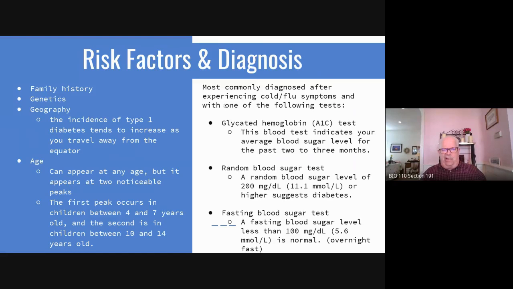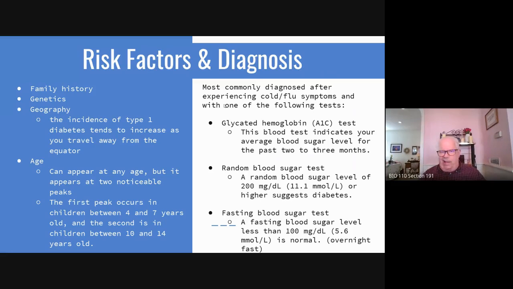The risk factors, I said it before, family history and genetics is number 1. Also, where you live is also a factor in developing type 1 diabetes. It can appear at any age, but mostly type 1 diabetes occurs between the ages of 4 and 7.